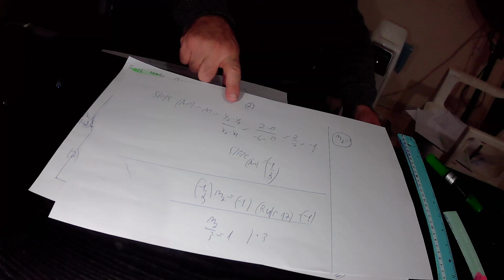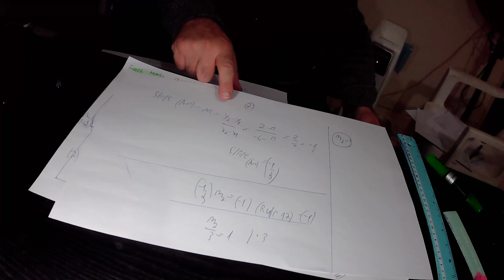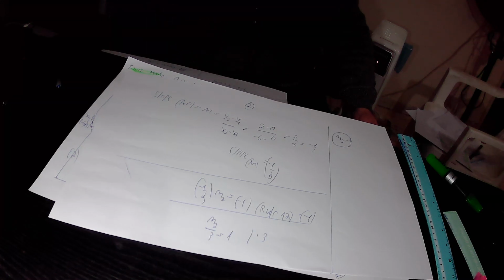y2 minus y1 is the vertical change, and we divide it by x2 minus x1, that is the horizontal change.